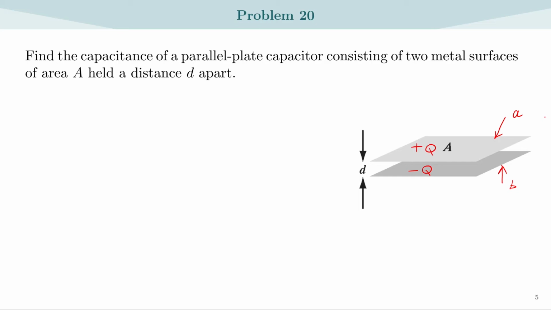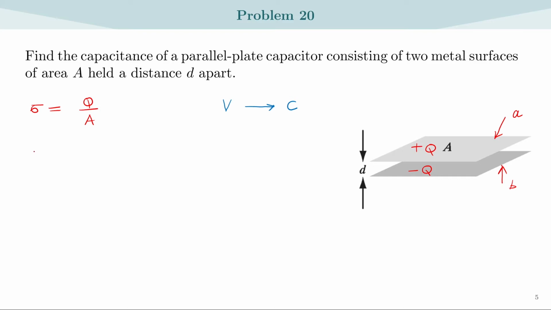For this to happen, the area has to be reasonably large and the separation has to be small. The surface charge density on the top plate is given by Q over A. To do this problem, our strategy will be to find the potential between the two plates first, and then from this potential we can calculate the capacitance.